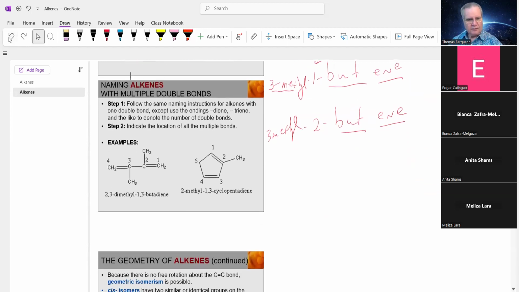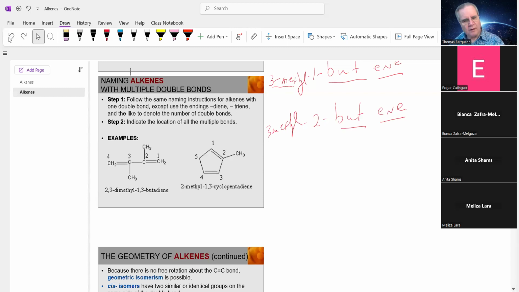Okay. You can also have alkenes with more than one double bond. You can also have alkenes that are cyclic. So if we look at this guy here, it's going to look like this.